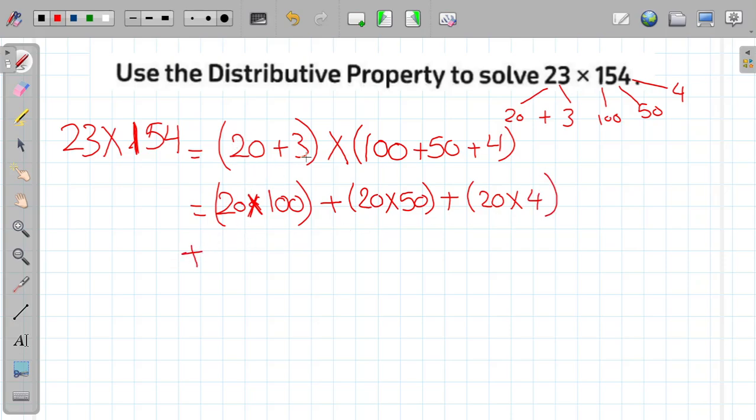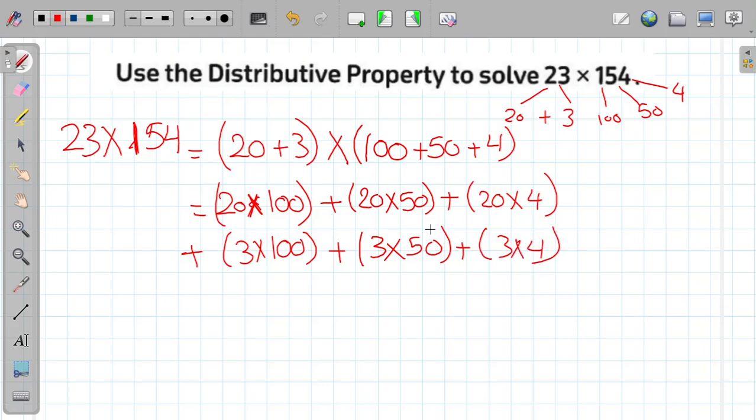Next, by all of these numbers. So it will be 3 times 100, 3 times 50, 3 times 4. So the first one here was 2,000 because I have 2 times 1 and 3 zeros.